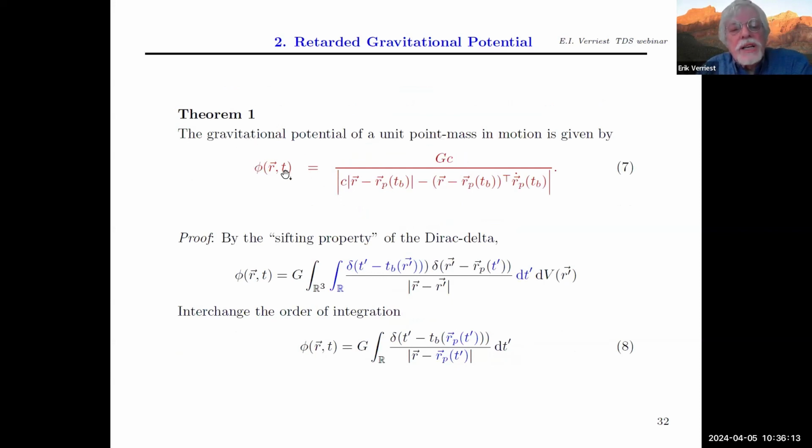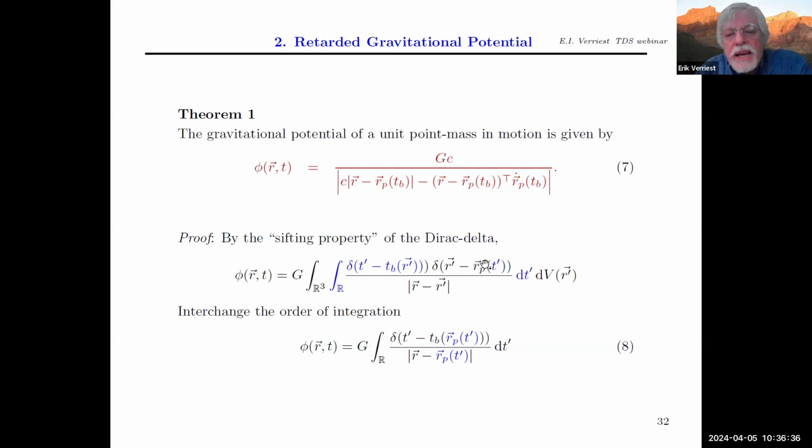So theorem one is that the potential is given explicitly by this form. And so here is what's in blue. If you look here at the arguments of the delta function, I had here r p at the back, where B stands for backward time. So that's the delay time.